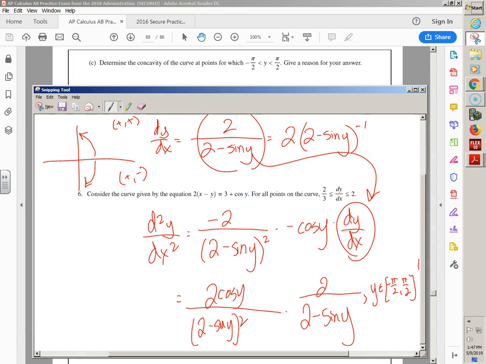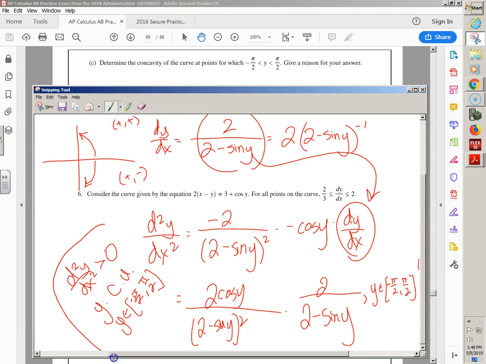Guys, if I have all positives, what's my concavity? The second derivative, just using my trig knowledge, is always positive, therefore y is always concave up for y within this range. Doesn't mean always, always, and forever, but for these angles, only up. Is that okay?